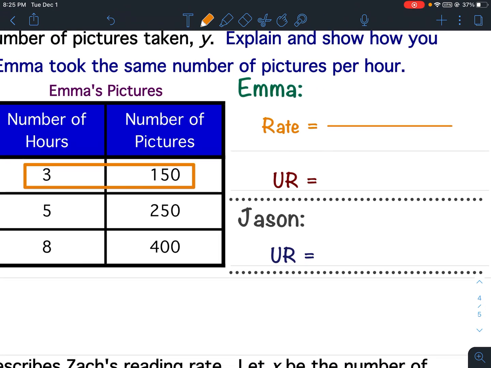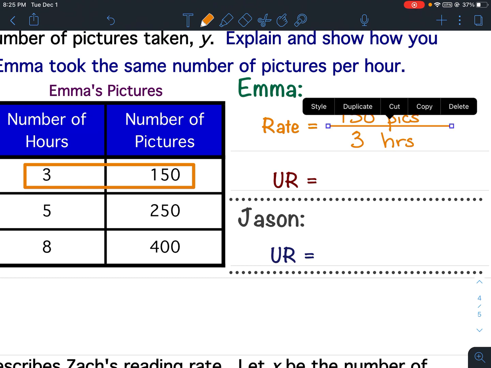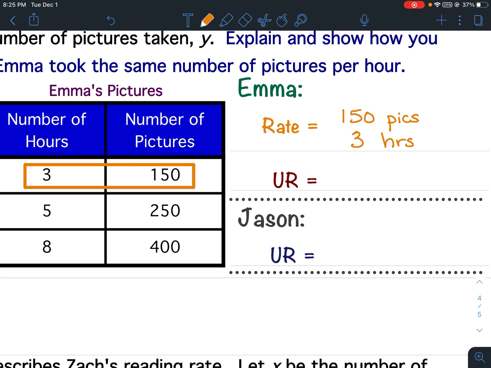So for Emma, her rate would be 150, and I'm just going to put pics. 150 pics in 3 hours. All right, divide that.